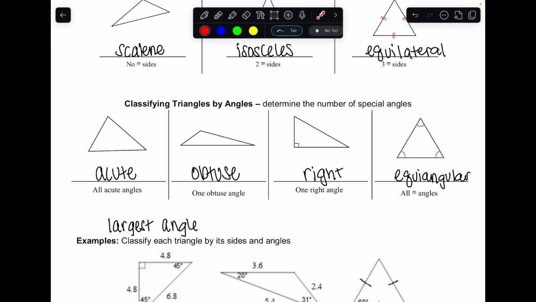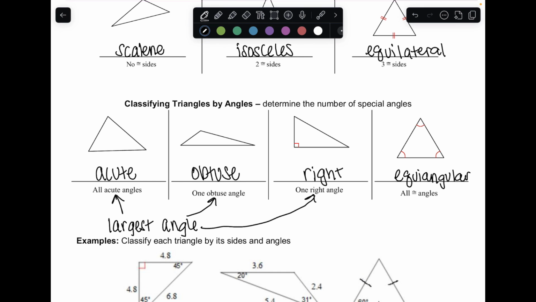In that case, we have to look at all 3 of them, because they could all be the largest until we see that they're all the same. Again, for acute triangles, your largest angle is acute. For obtuse triangles, your largest angle is obtuse. For your right triangle, the largest angle is 90 degrees.